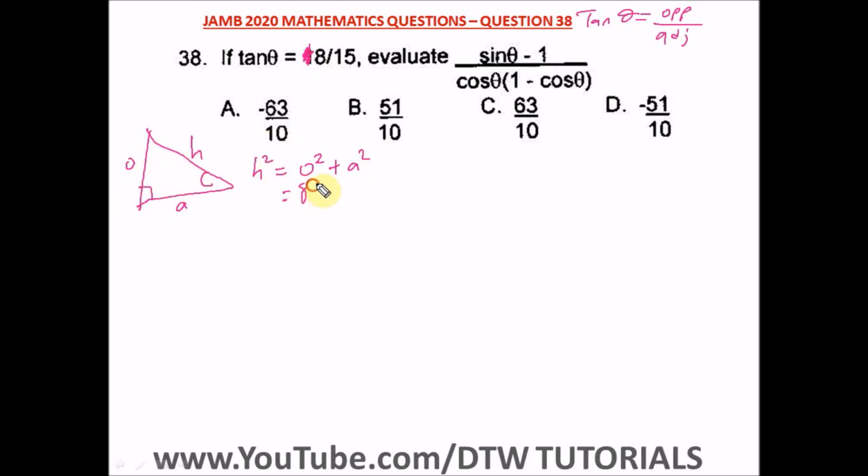which is 8 square plus 15 square. So this is 8 square is 64 and 15 square is 225. So we sum this up, we have 289. The hypotenuse is the square root of this, which is equal to what? 17.